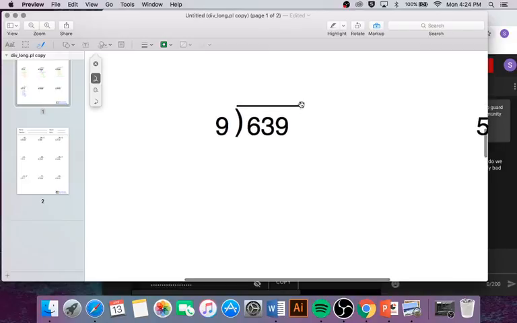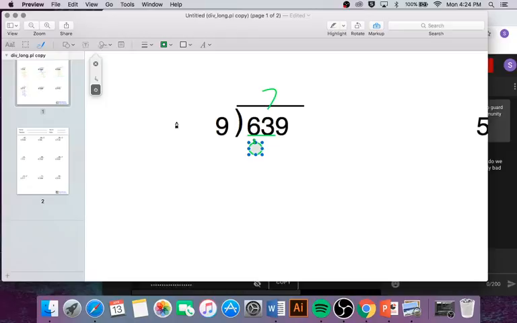Our next problem is 639 divided by 9. We start with our first number. 9 can't go into 6, so we move over and see how many times 9 can go into 63. So that is 7. 7 times 9 is 63.